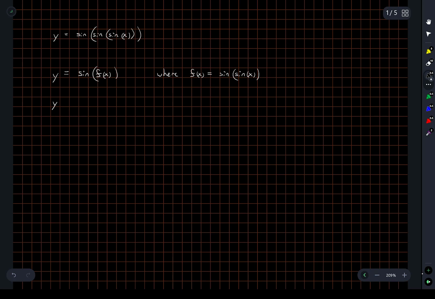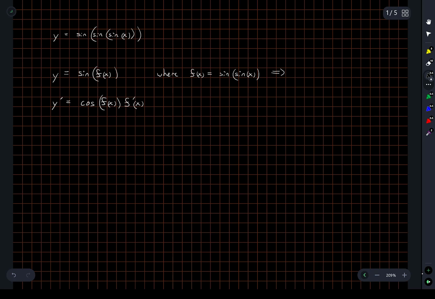So y prime is going to be equal to cosine of f of x times f prime of x. That's just the straightforward chain rule. Any standard reference on calculus will have something like this.